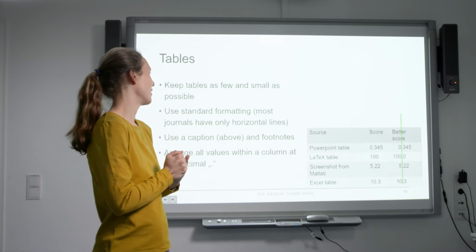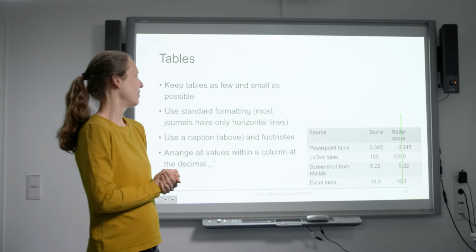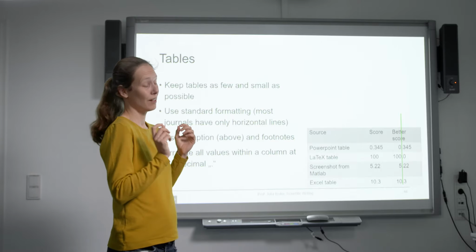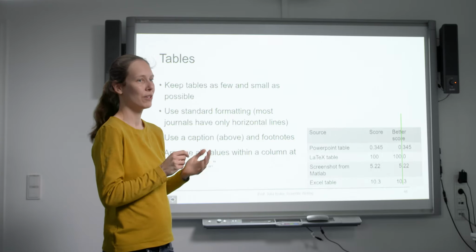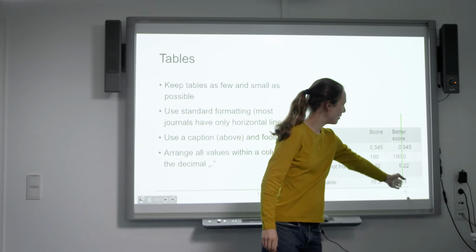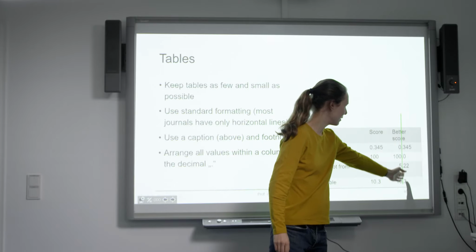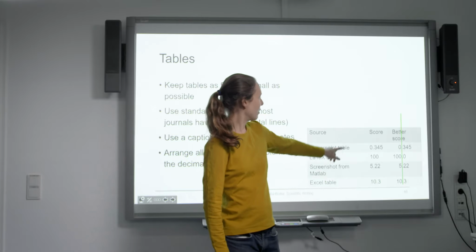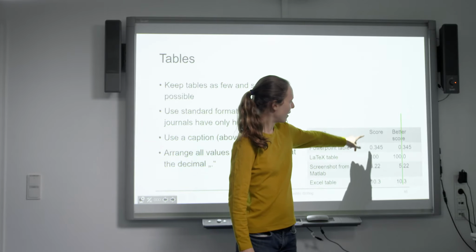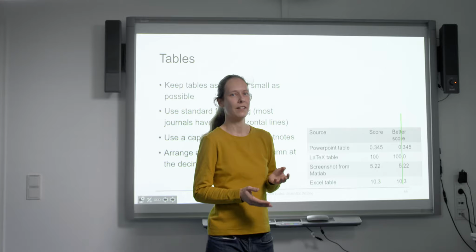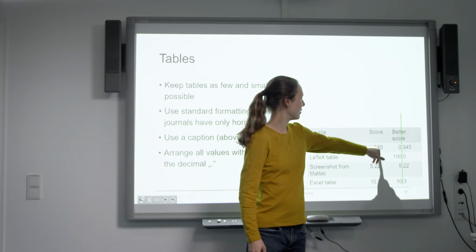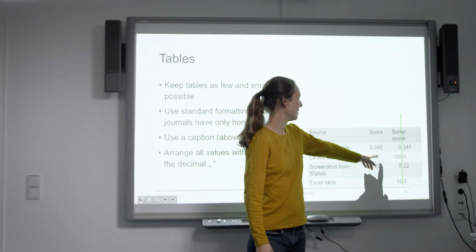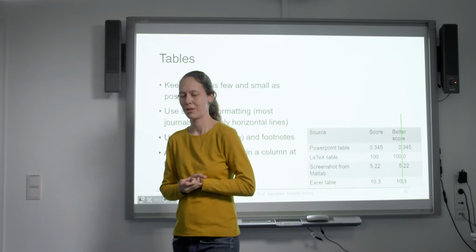So here I just show a PowerPoint table to highlight an additional point, which is, please, if you have numbers with a decimal point, arrange them in a way that the decimal point is always below each other. Because in this version, it's very hard to see what actually is the biggest number, because this is the longest, but it's the smallest, while this one doesn't include decimal points.